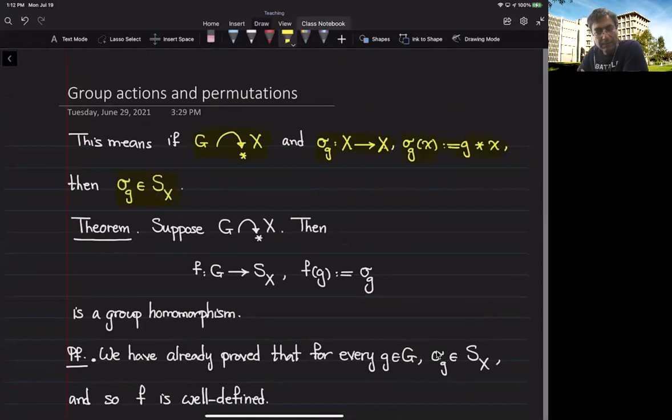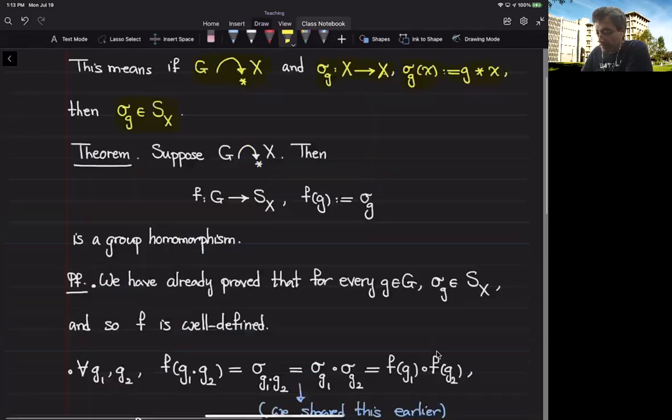Now the next theorem tells us that in fact this compatibility gives us a group homomorphism from the group G to the symmetric group. So if G acts on a set X through the action star, and I define f to be the function, so this might be slightly confusing, so please pay attention.